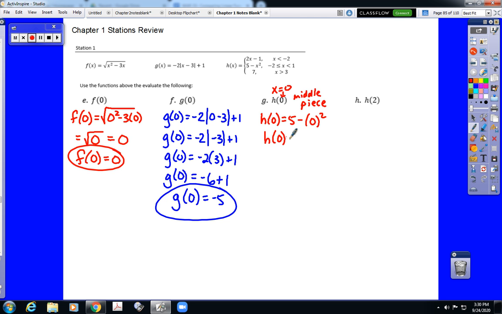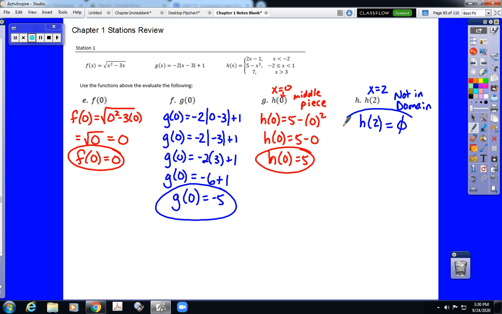So h of 0 is 5 minus 0, or 5. h of 2, well, if x equals 2, that is not in the domain, which means that h of 2 is undefined.